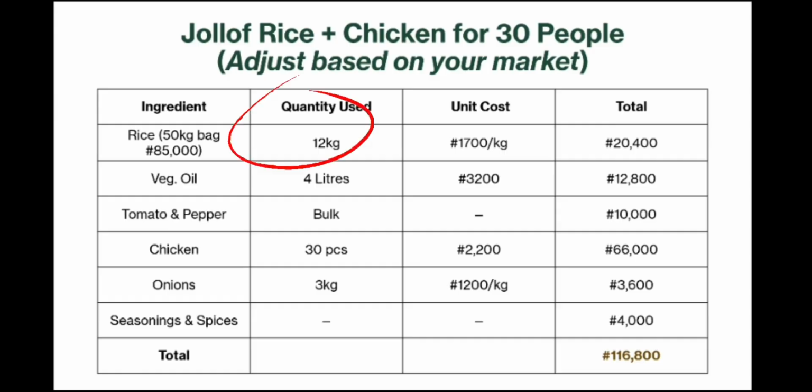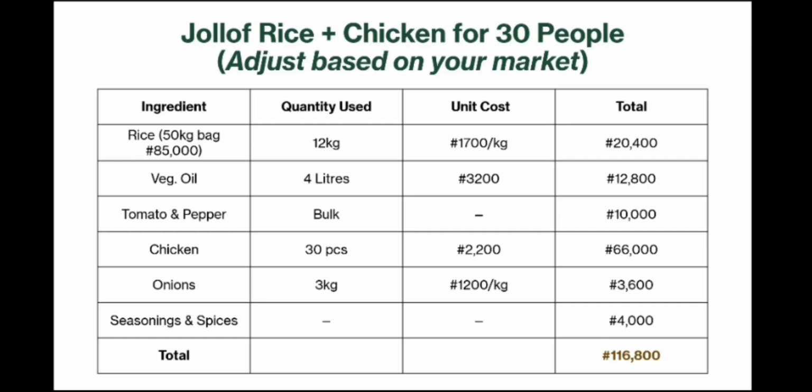So we go to the vegetable oil. 4 liters was used, and the unit cost is 3,200 naira per liter. So the total cost is 12,800 naira, gotten by multiplying 4 liters by 3,200 naira. For the tomato and pepper, we purchased in bulk and got it at 10,000 naira. For chicken, we used 30 pieces. Per piece, we had 2,200 naira and the total cost was 66,000 naira.